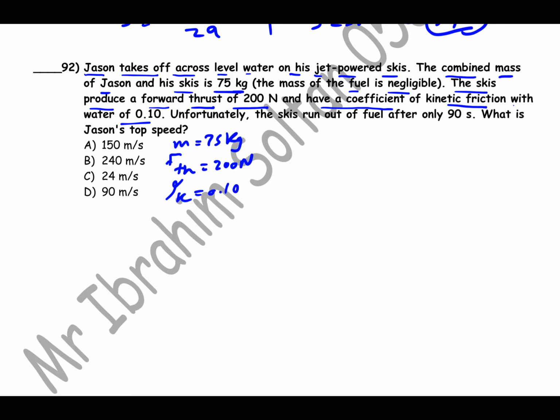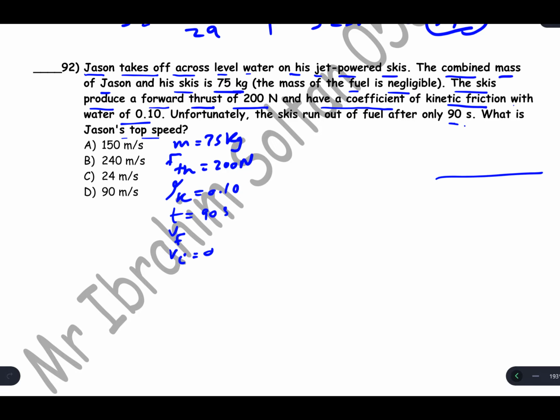Unfortunately, the skis run out of fuel after only 90 seconds, so T equals 90 seconds. What is Jason's top speed, or the final speed, Vf? Okay, guys? And sure, he starts from rest, so V initial equals 0.